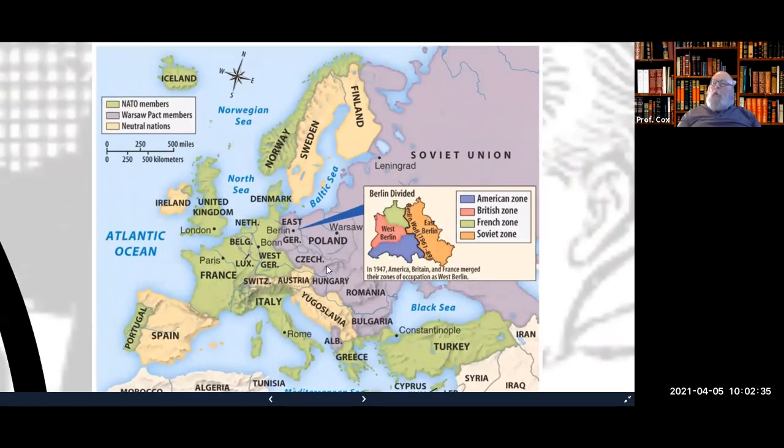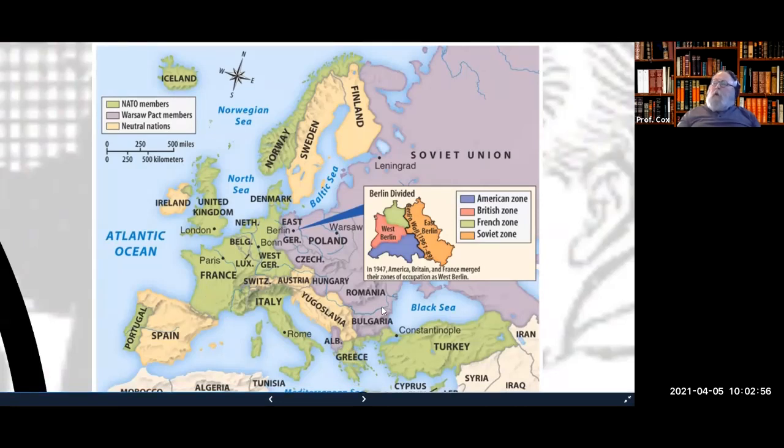One of the things that happens after World War II is that even though the war had been won by the Western countries, there was a lot of economic unrest throughout Europe because Europe had been devastated by the war.